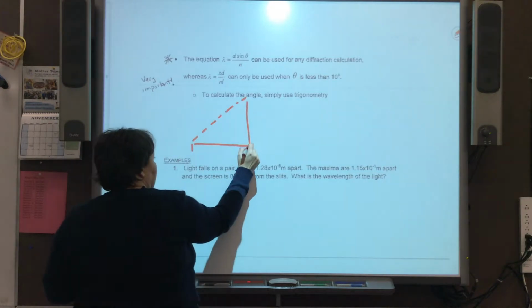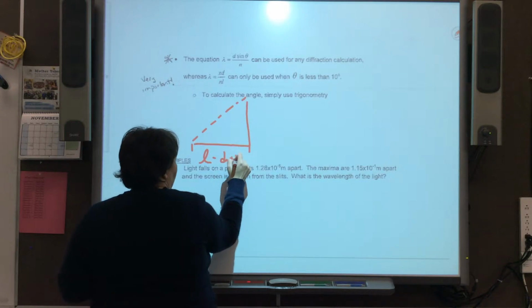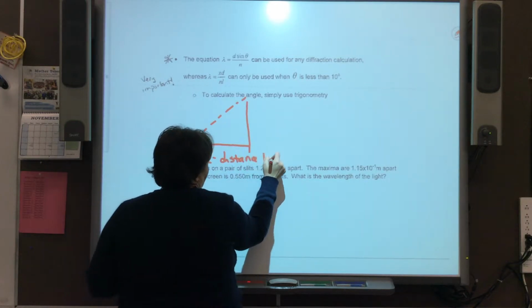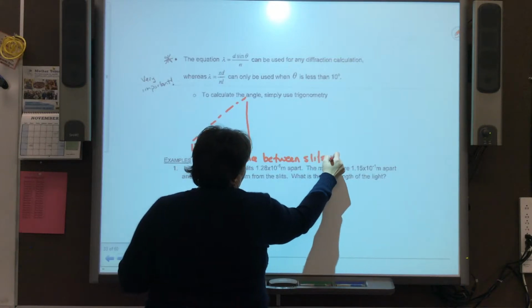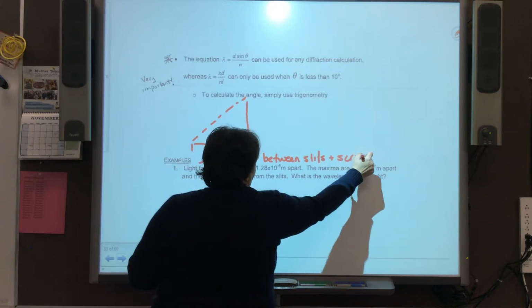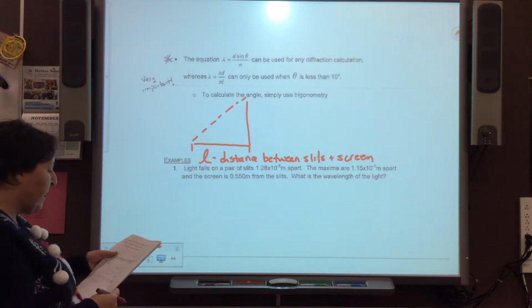So this here is your L. It's your distance between the slits in the screen.